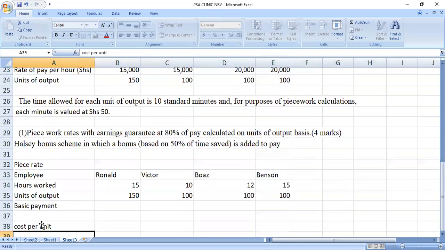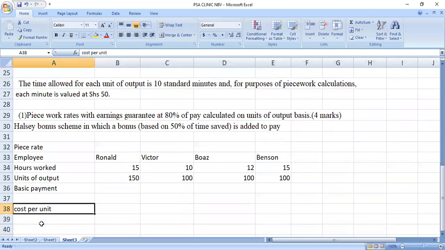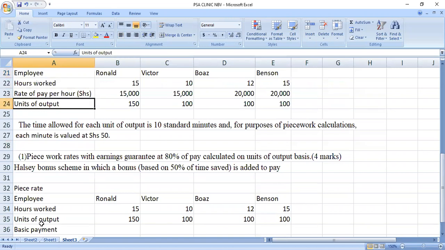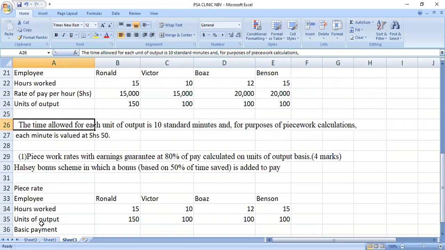For any piece rate, you're looking for cost per unit. You want to know how much a single unit costs me. They're saying the time allowed for each unit is 10 minutes, and for purposes of piecework, each minute is valued at 50 shillings.